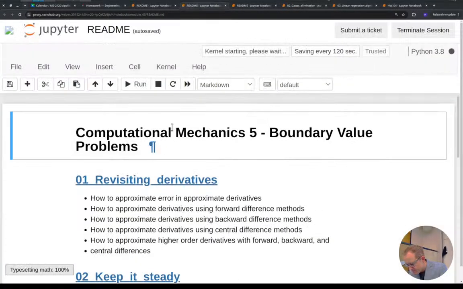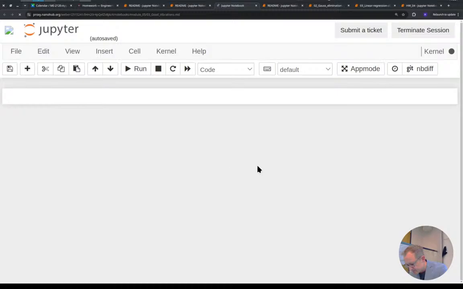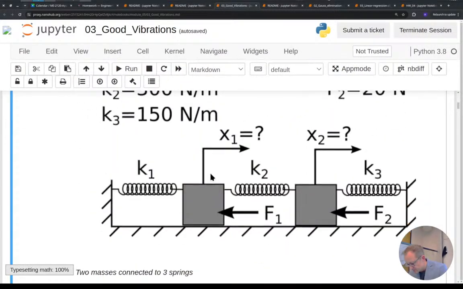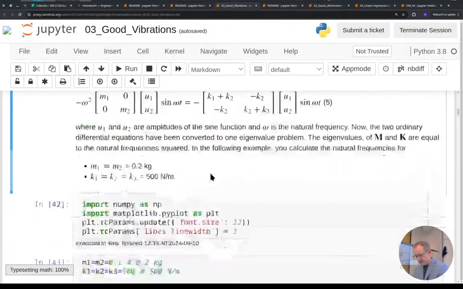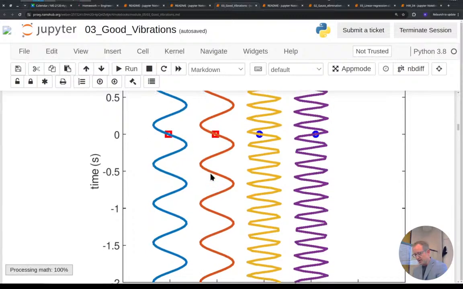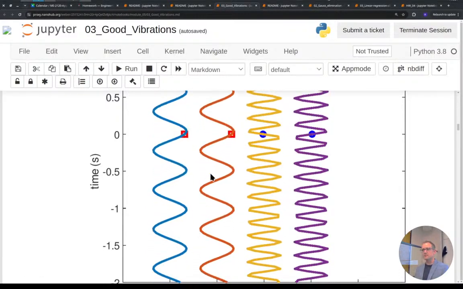Pull this up. Derivatives, keep it steady, some good vibrations. So if we had two masses, kind of like this, we could look at different types of vibration modes for those two masses.